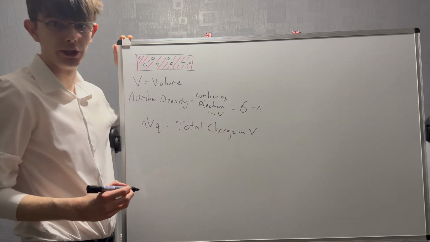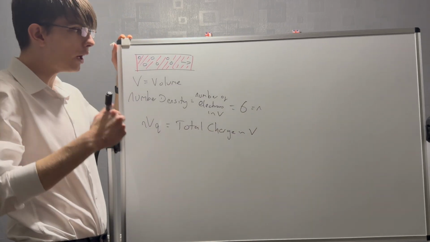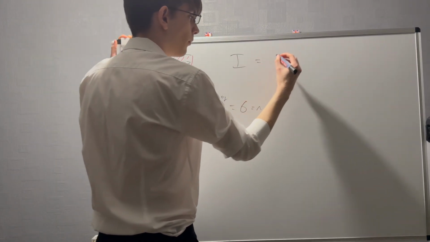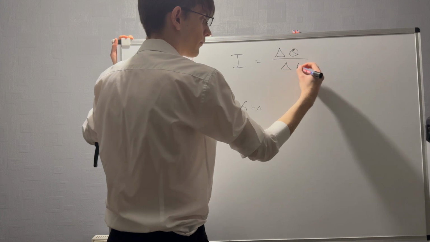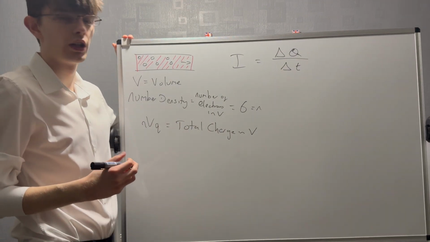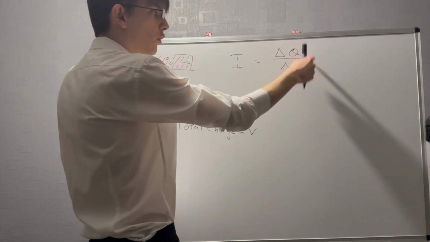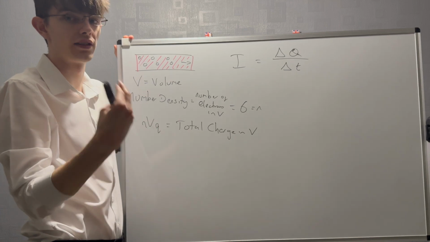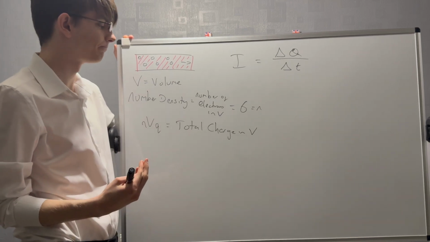within this volume. So now I want to draw our attention back to current, and remembering that my main definition of current is that it is delta Q over delta T, the change in charge over the change in time, the amount of charge passing by a certain point in a specific unit time.